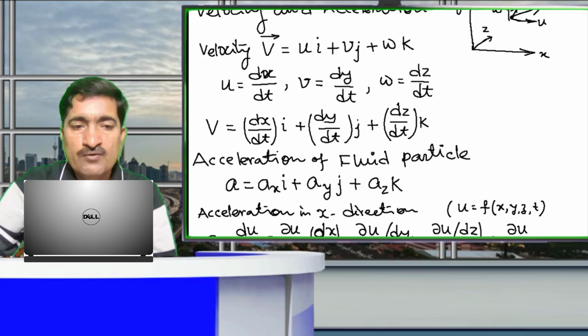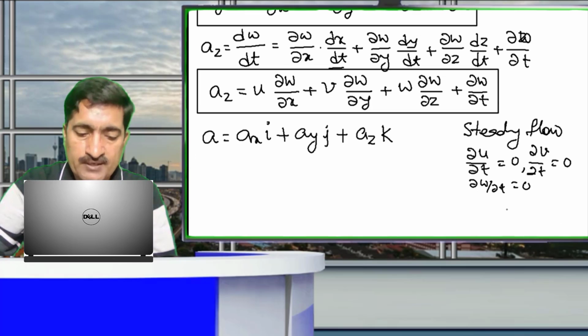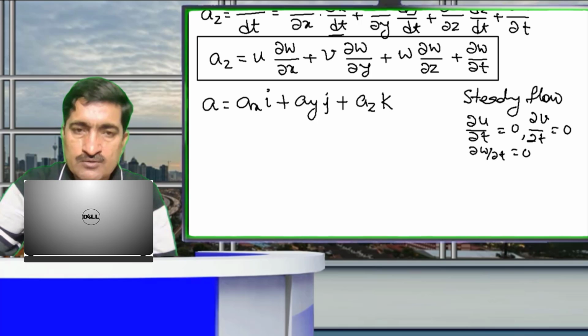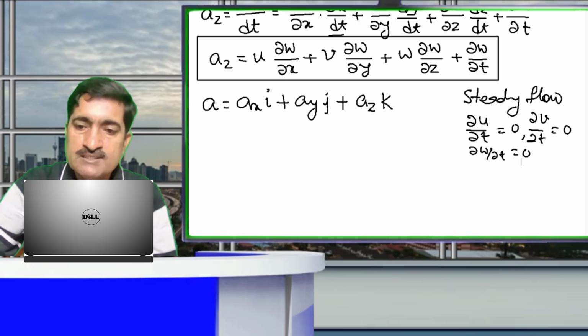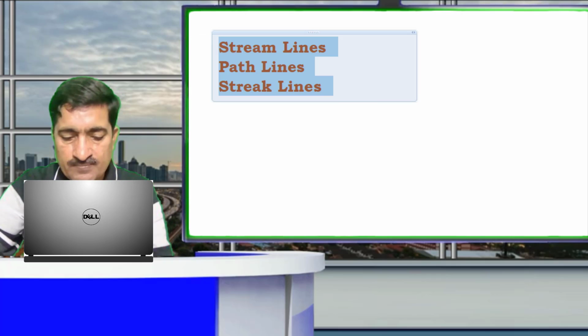So these are the velocity and acceleration components. Okay. So acceleration a means in x direction, in y direction and in z direction.